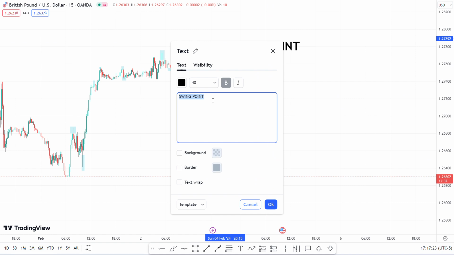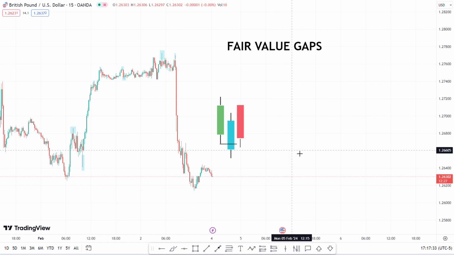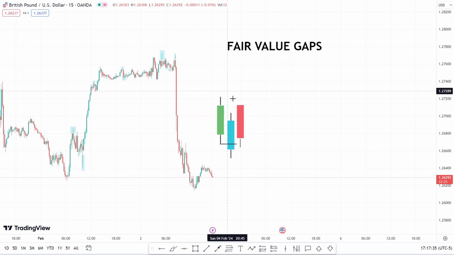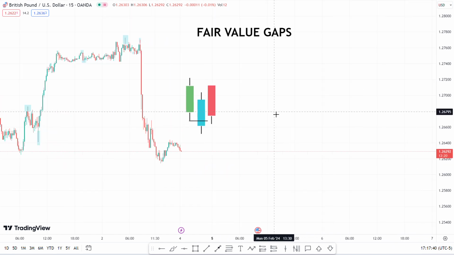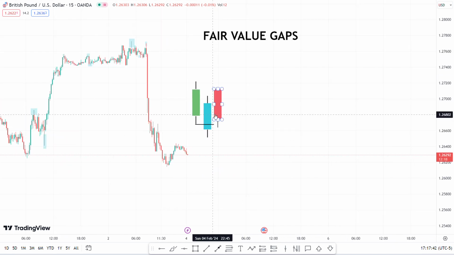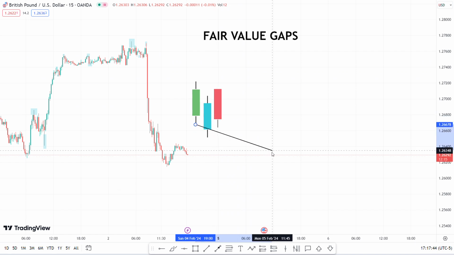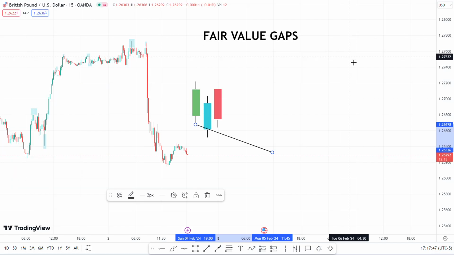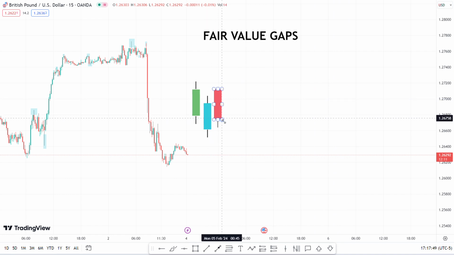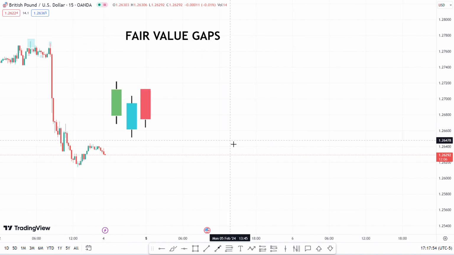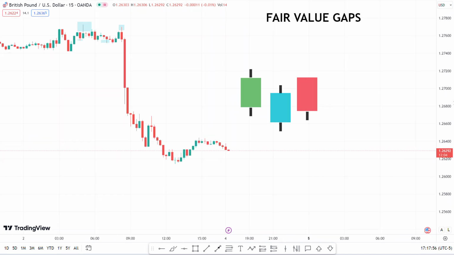Fair value gaps. These are gaps where the low and the high of the candles don't meet. So it's a three candle pattern similar to swing points. Why is it so difficult to draw?